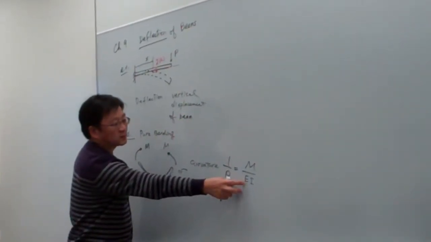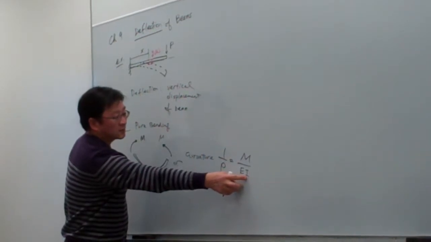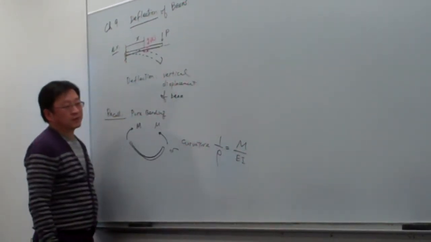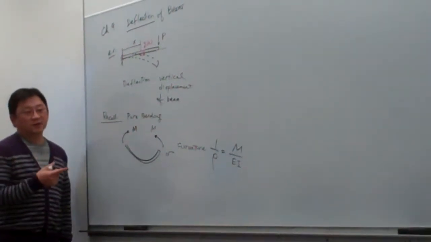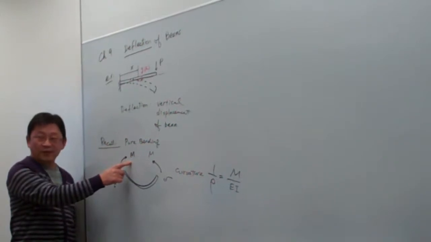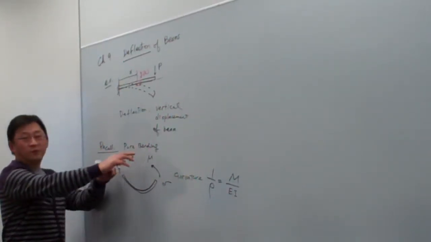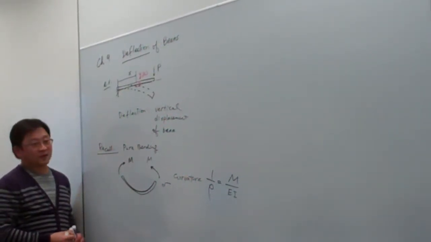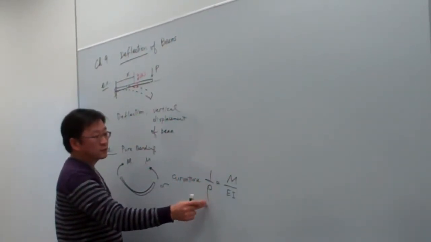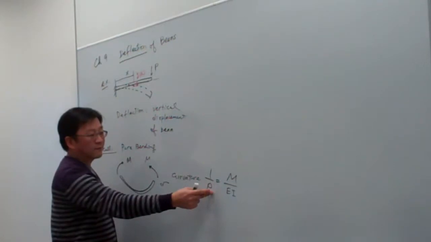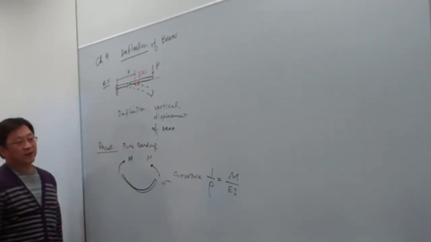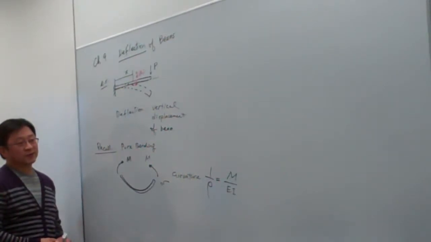E is the Young's modulus, I is the moment of inertia of the cross section, and M is the given bending moment. Given the same material, the larger the M is, the more the beam is curved. That means the larger the bending, the larger the curvature, and vice versa. So this equation is our starting point.